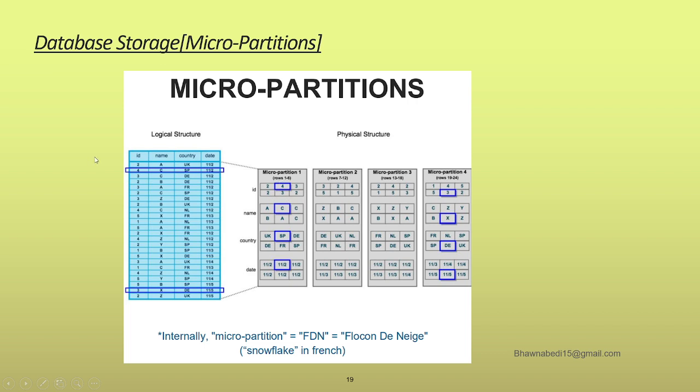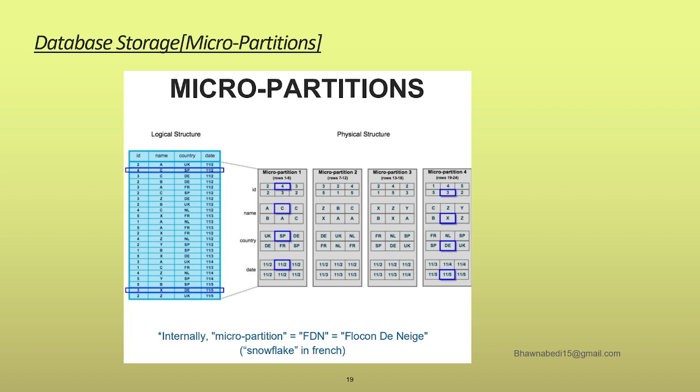So rows 1 to 6 will come over here. It gets stored in a columnar format. So the ID column is stored over here, the name column is stored over here. So corresponding to ID 4, your name is C, your country is SP, your date is 11/2. So this is how your data gets stored at the micro partition level.